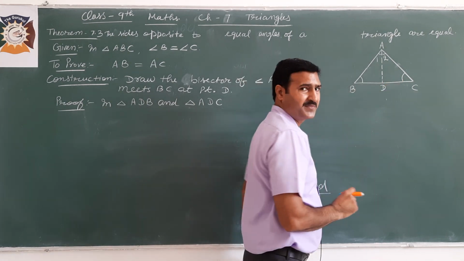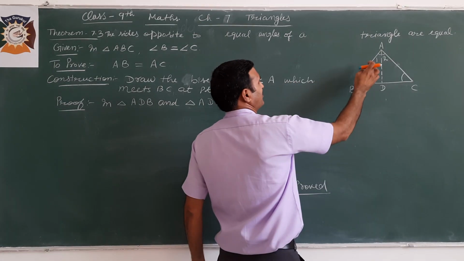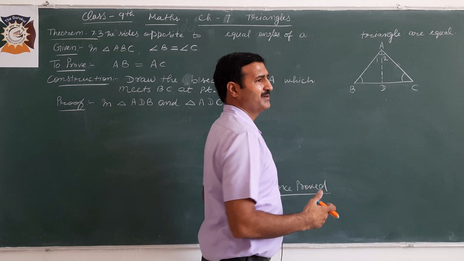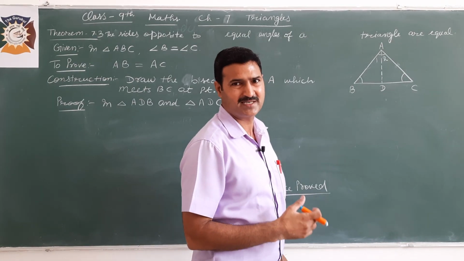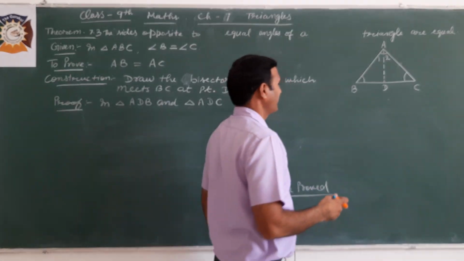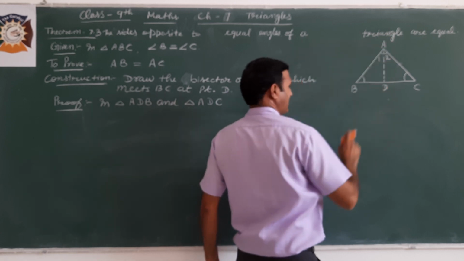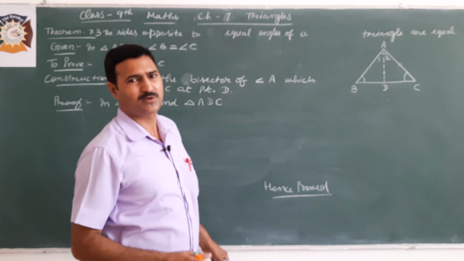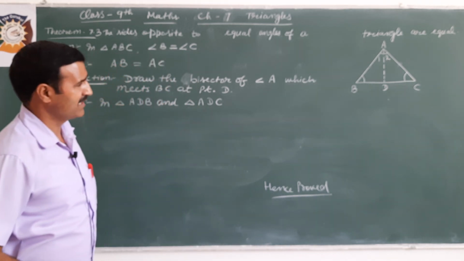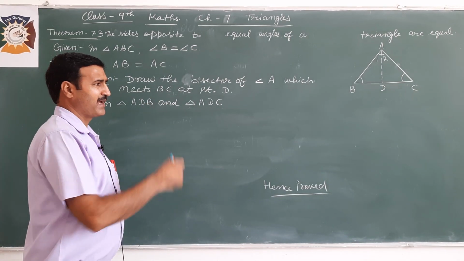This is given. ये दिया हुआ है स्टेटमेंट में. ये एंगल 1 एंगल 2 ये हमने कंस्ट्रक्शन में किया है बाइसेक्टर, तो एंगल 1 एंगल 2 के इक्वल है. And AD common, so angle side angle से क्या करेंगे? Congruent. By using the rule angle side angle, I will make the two triangles congruent.